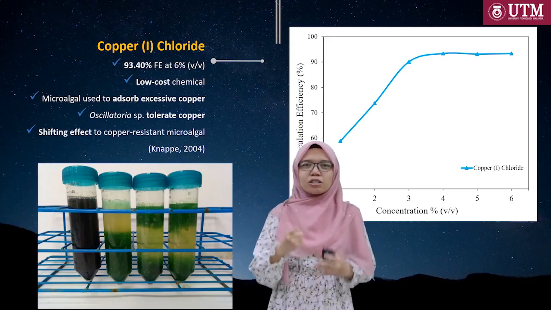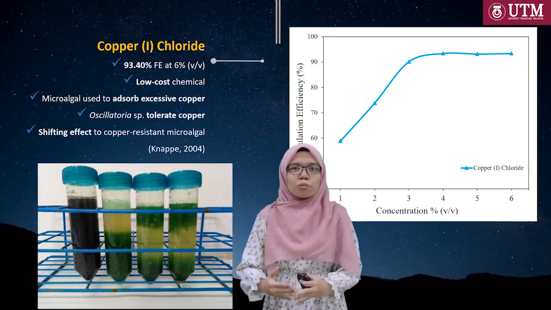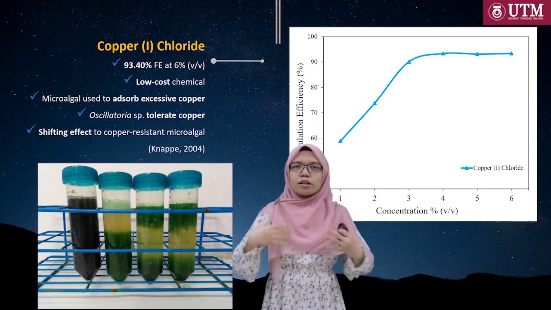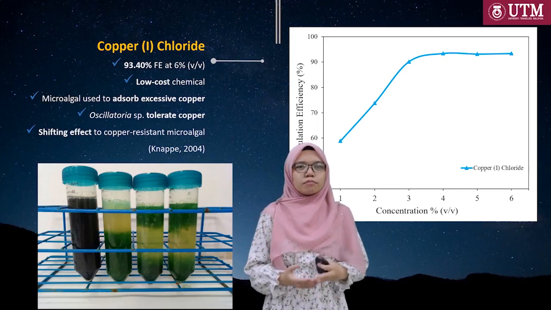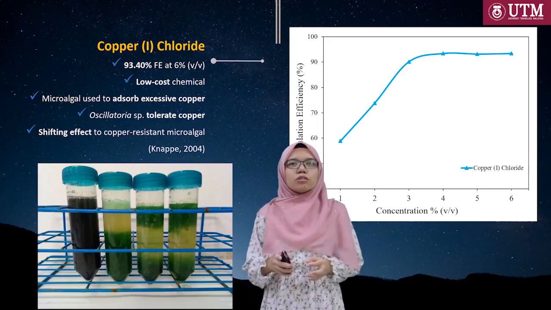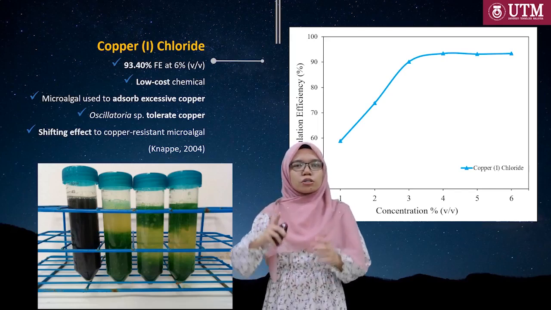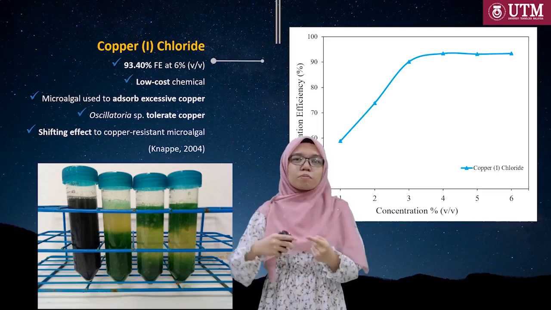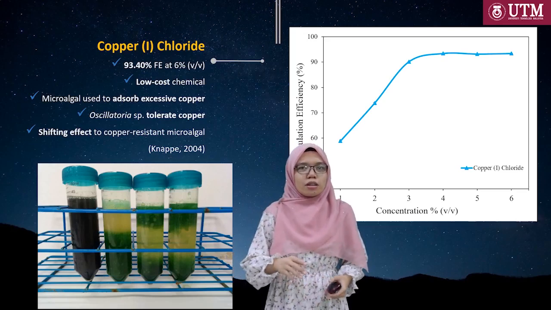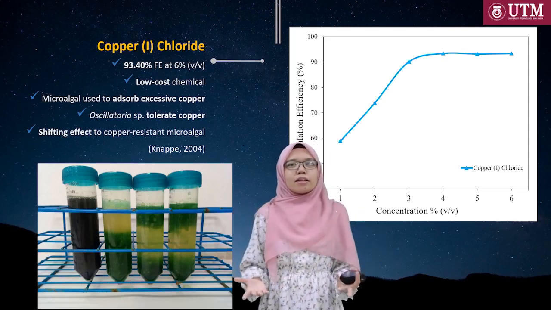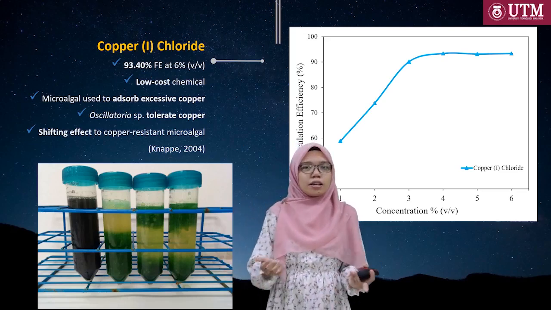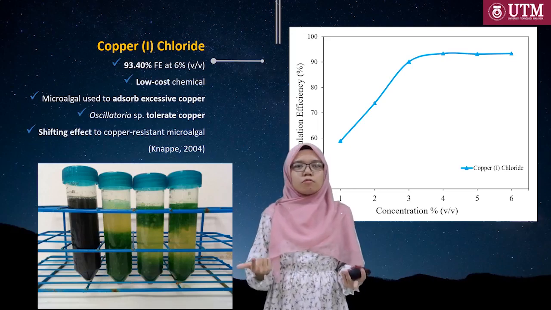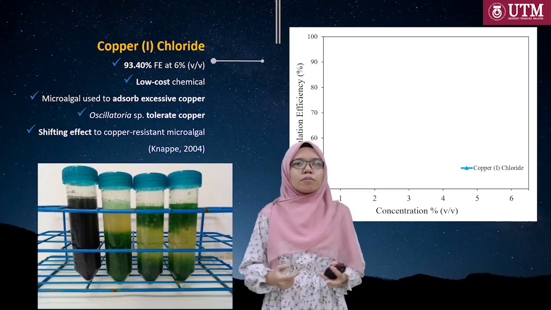Hence, this microalgae is used for bioremediation to absorb excessive copper. Besides, using copper chloride could also cause a shifting effect to other copper-tolerant microalgae. With that, in general, chemicals are either expensive or harmful for flocculation in Sembawang Barat Dam.